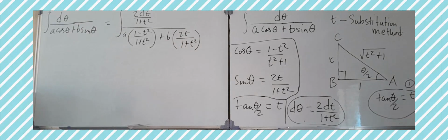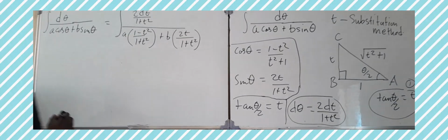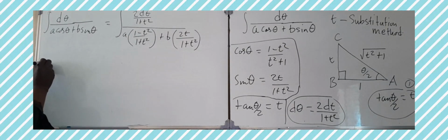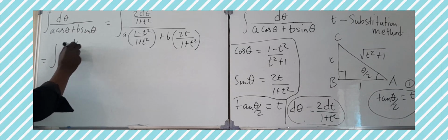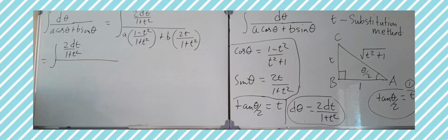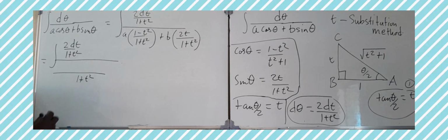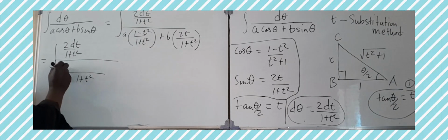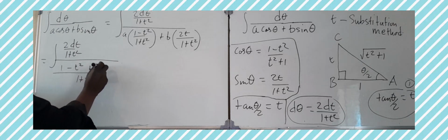All right, this is under the same denominator, so we can simplify this to the integral of 2 dt over 1 plus t squared, all divided by 1 plus t squared over this one here, it's 1 minus t squared plus 2t.